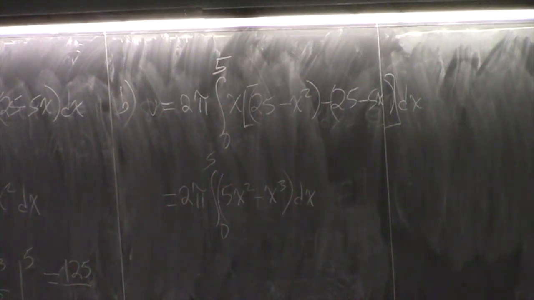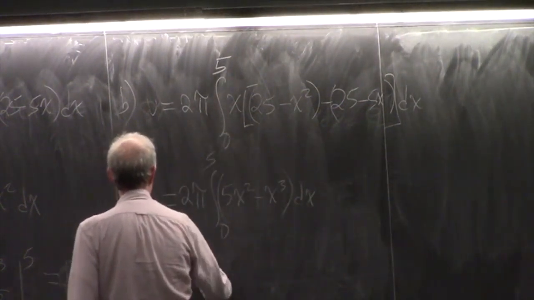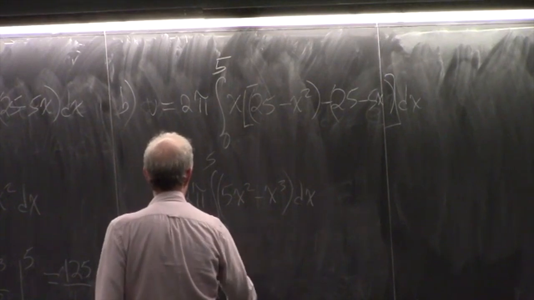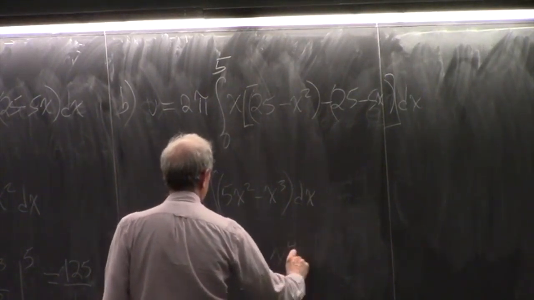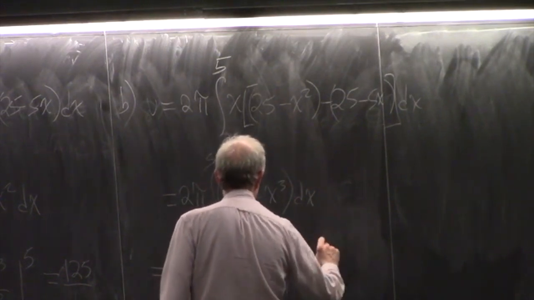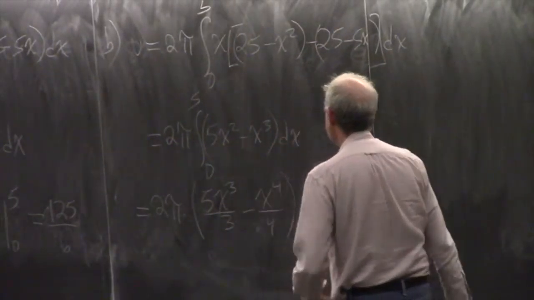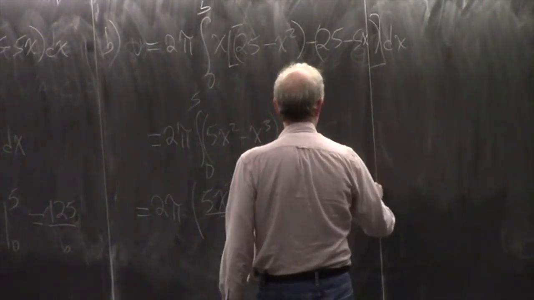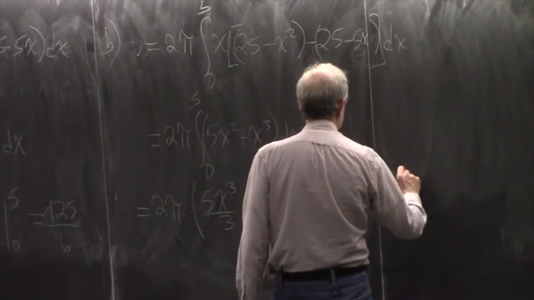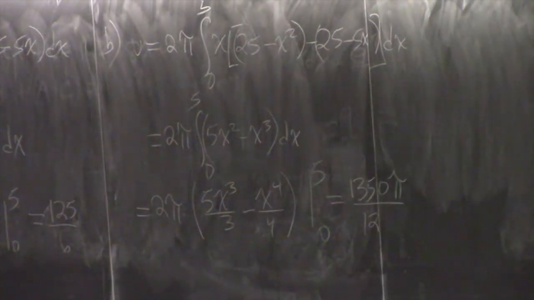Alright. Now, that integral is 2 pi times 5x cubed over 3 minus x to the fourth over 4 from 0 to 5. And that equals 625 pi over 12, which can be reduced.